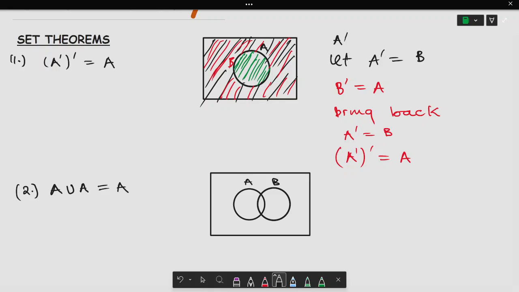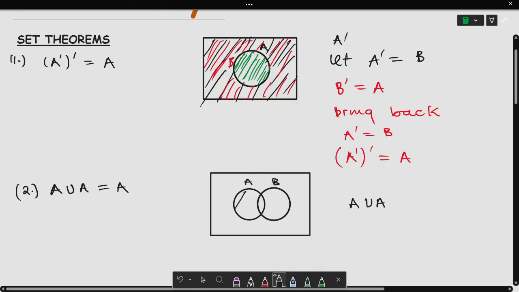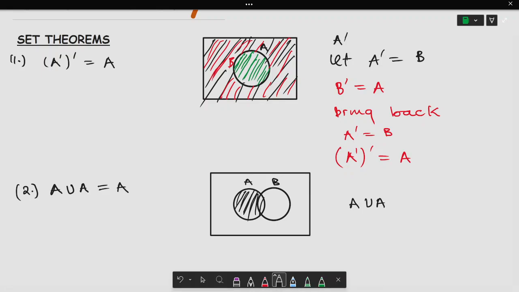If we take the union of A and A, it means that we are taking the elements that are in A and the elements that are in A again. Let's say the elements that are in A are 1, 2, 3, 4, and 5. So we'll say A is equal to {1, 2, 3, 4, 5}.